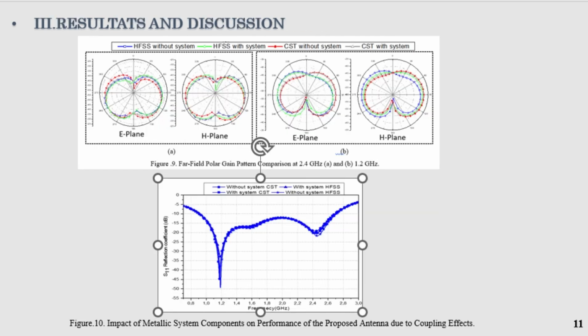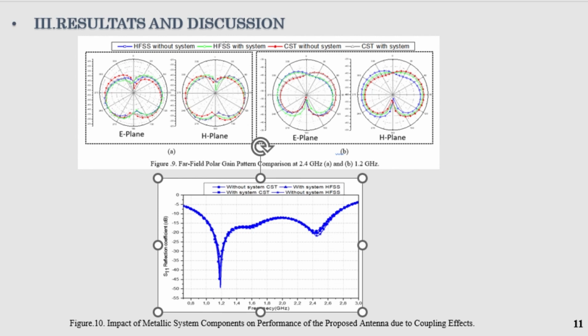Now turning to the antenna's radiation performance, simulations were conducted in the presence of the phantom. Figure 9 compares the far-field polar gains. The patterns exhibited nearly identical behavior.